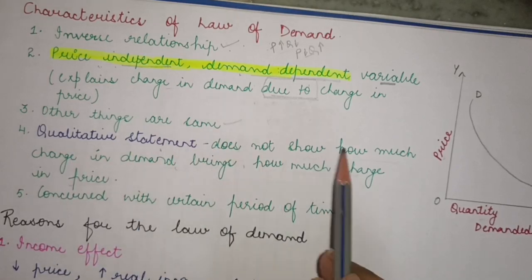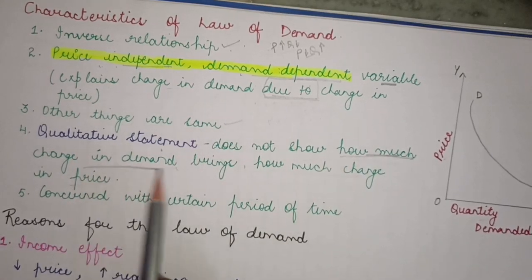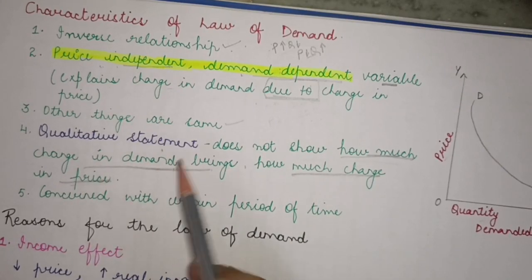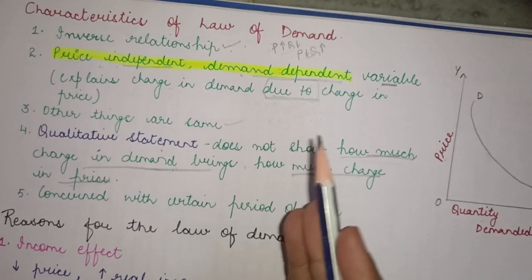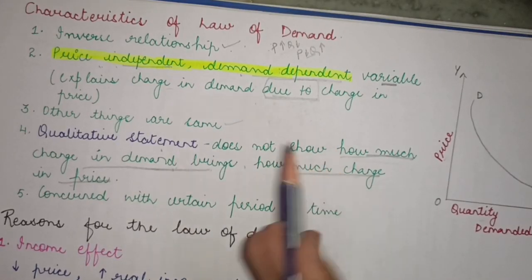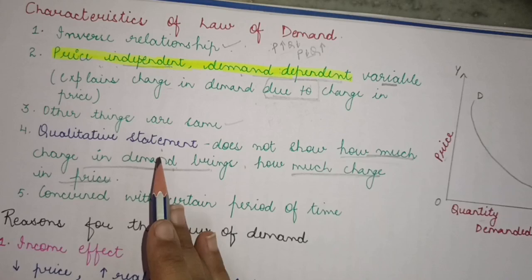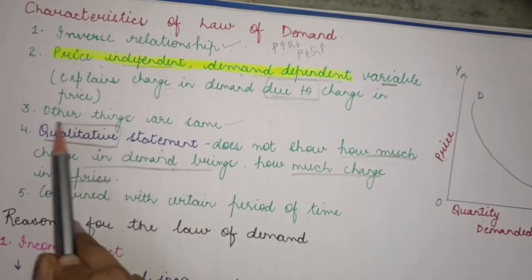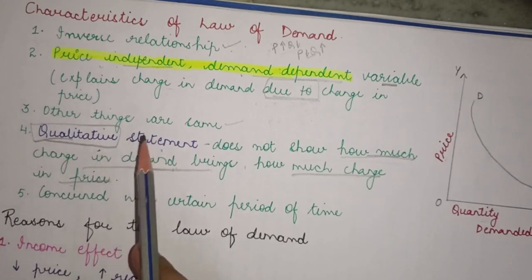Again, see, it does not show how much change in demand will bring how much change in the price. It only shows that if price increases, demand decreases, and if price decreases, then demand increases, but it does not show how much decrease in price will cause how much increase in demand. That is why it is a qualitative concept and not a quantitative concept.